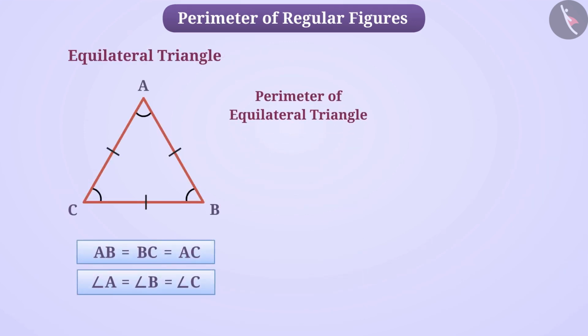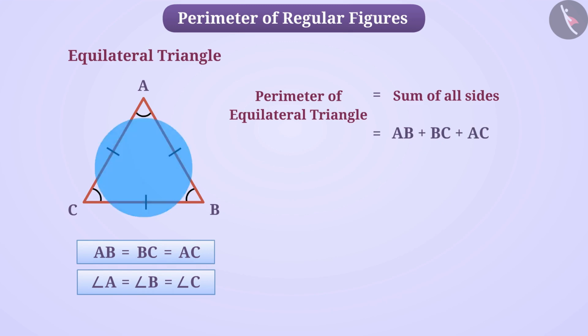Perimeter of an equilateral triangle is equal to the sum of all sides, that is, AB plus BC plus AC. But in this case, the lengths of all the sides are equal, so we can write AB instead of BC and AC. In this way, the perimeter of an equilateral triangle is equal to AB plus AB plus AB is equal to 3 multiplied by AB.